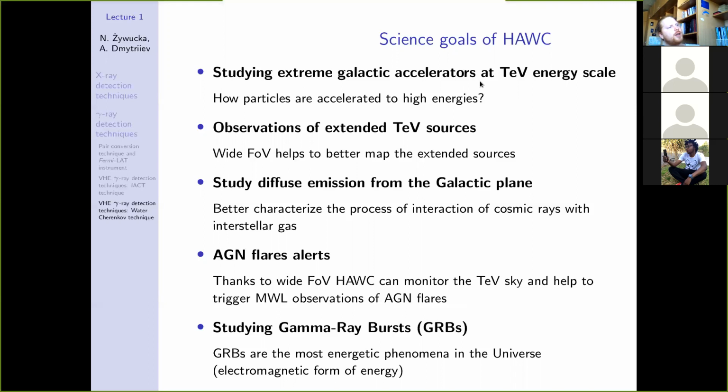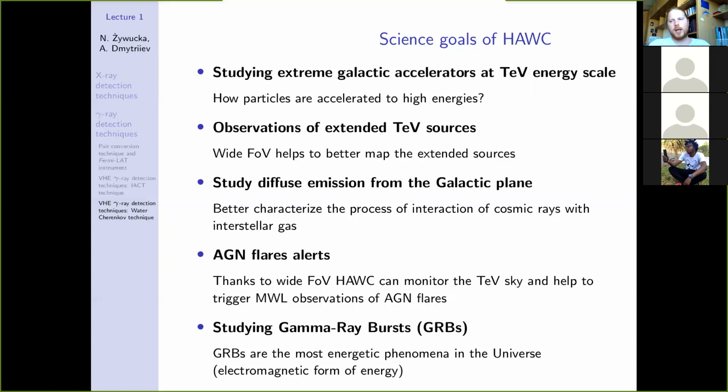So HAWC, in the range of 100 TeV, is detecting only emission from the galactic accelerators. When you learn the spectra of the galactic sources, so the distribution of the gamma ray flux depending on energy, this can give you a reasonable idea of what's going on in the source, in particular how acceleration processes are working.